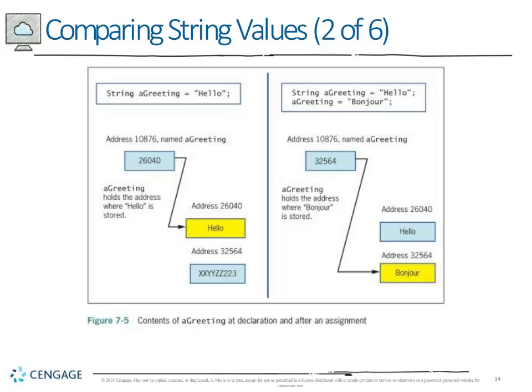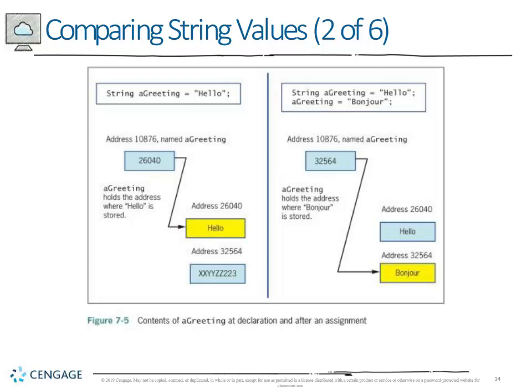In this figure on the left, when you declare a string, such as String aGreeting = "Hello", aGreeting doesn't hold the characters that make up Hello. Instead, it holds a memory address where the characters are stored. So Hello is stored at memory address 26040. So aGreeting contains that address 26040.